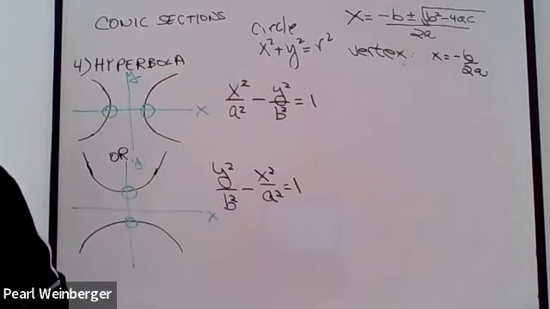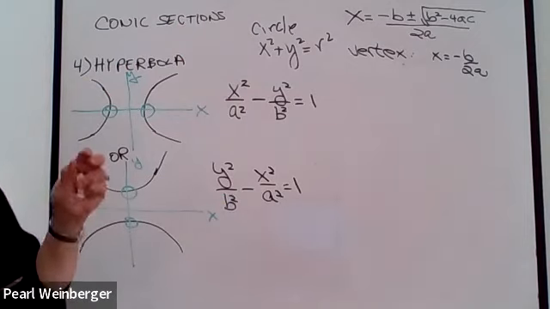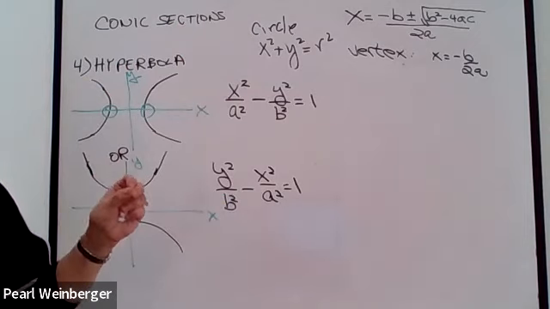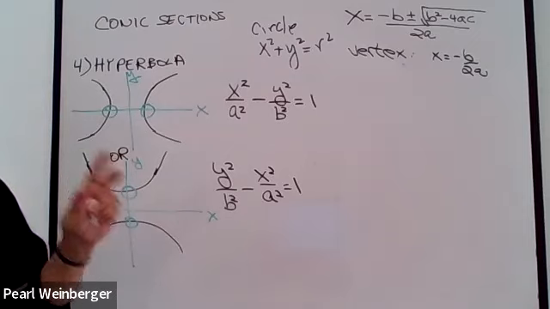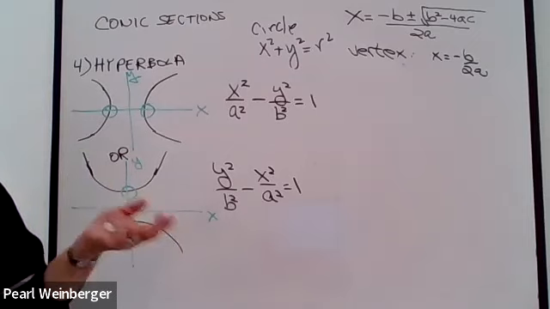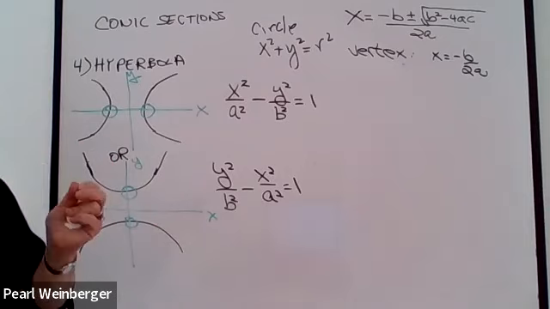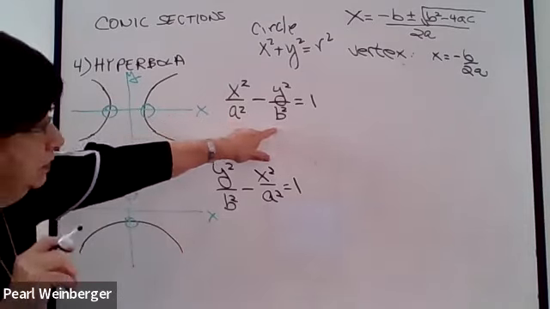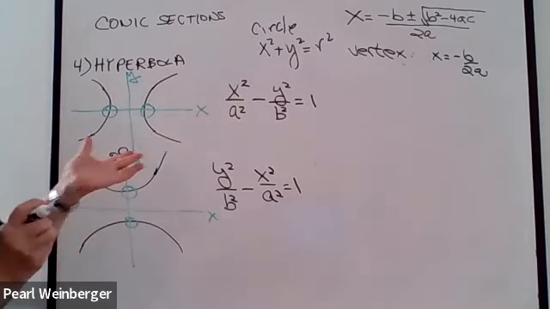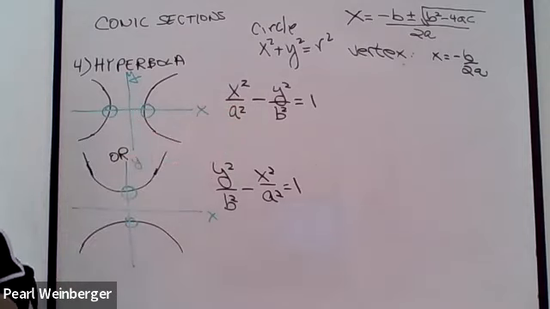Remember, with an ellipse, if the a and the b were both 1, you'd have a circle. So to distinguish between a circle and an ellipse, we have to make sure that these numbers are different. But this is already different from the circle because of the minus, so the a and the b could be the same number.